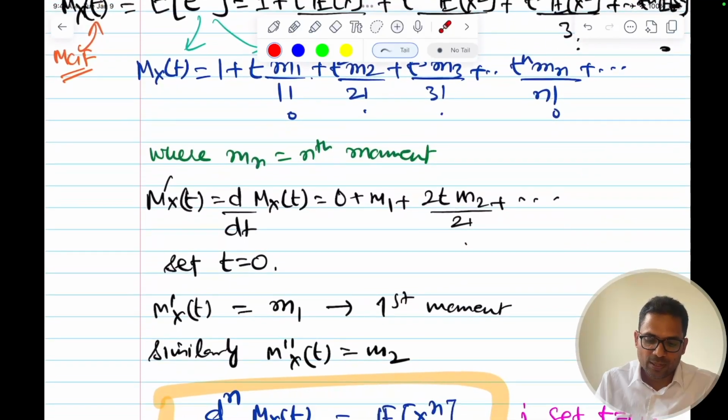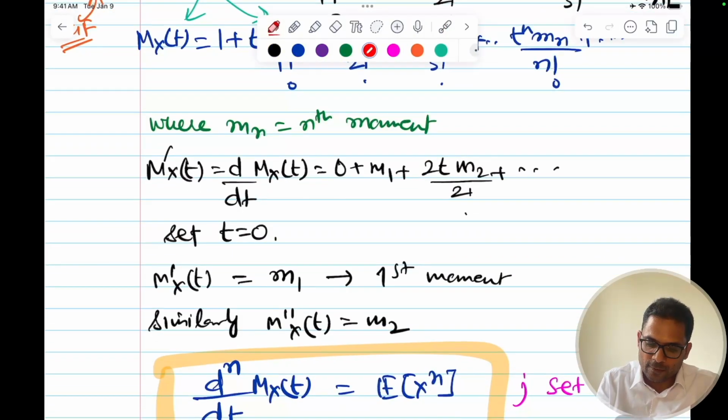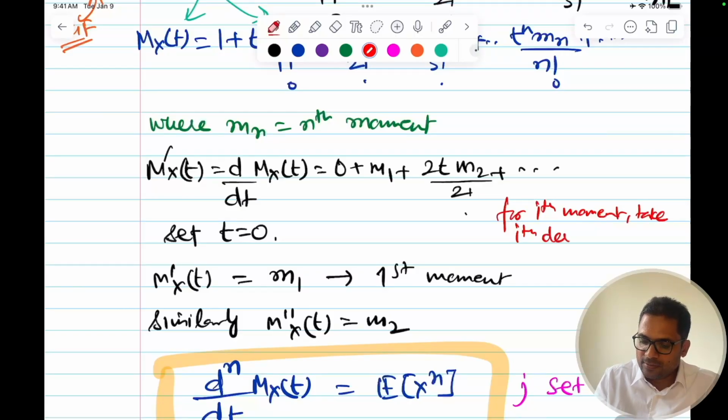So if you have to find the ith moment, take the ith derivative and set t equal to 0.